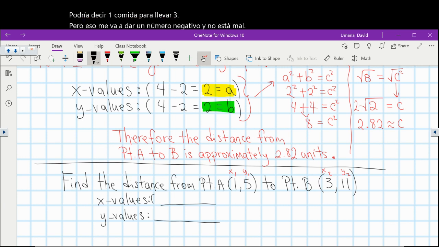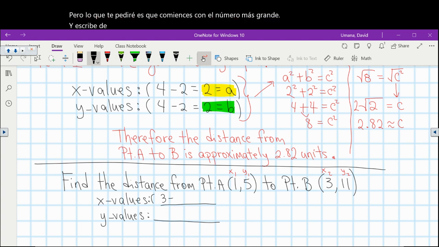But what would be easier? I could say in order 1 take away 3, but what I'll ask is that you start with the bigger number and write it this way: 3 take away 1. If I do 3 take away 1, that is 2, and now just call that automatically a.